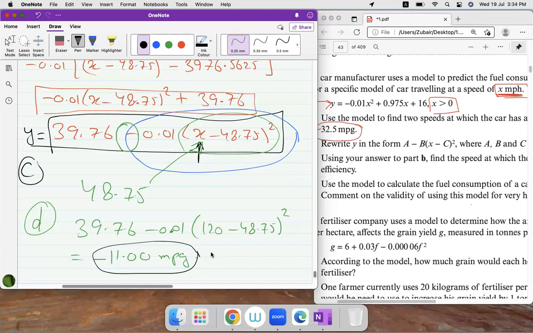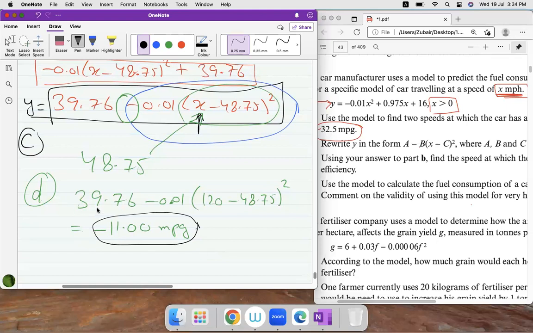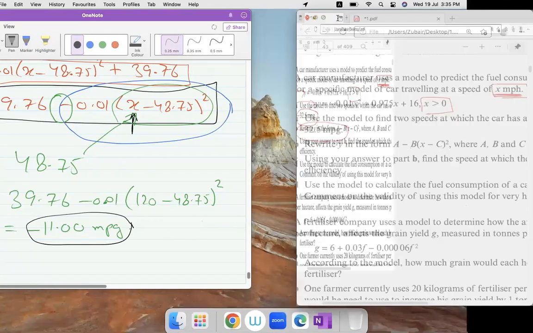That means it needs more fuel, which is not even present there. So this model, y equals 39.76 minus 0.01 times x minus 48.75 squared, is not valid. It is not correct for very high speeds. Mileage cannot be negative. It has to be a value that the car is consuming this much fuel. Is it clear? Yes.